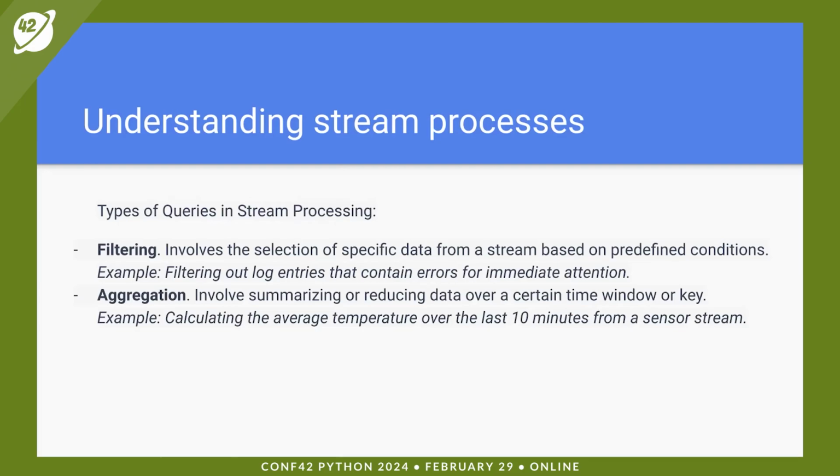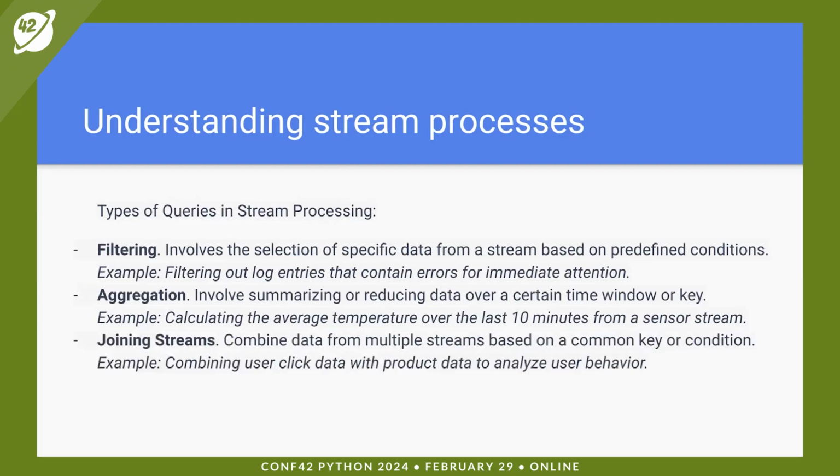Aggregation involves summarizing or reducing data over a certain time window or key. Some of these might be straightforward, and you might already be familiar with these types of queries, but this is all stuff you can do in stream processing in a very real-time capability. This allows you to calculate the average temperature over the last 10 minutes in a sensor stream.